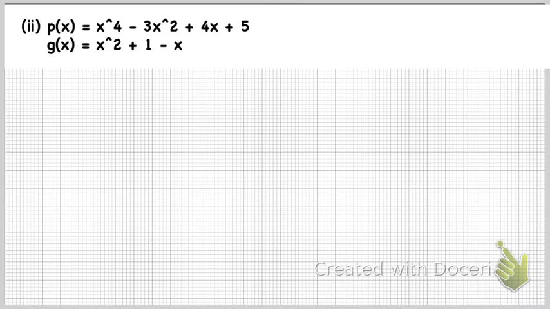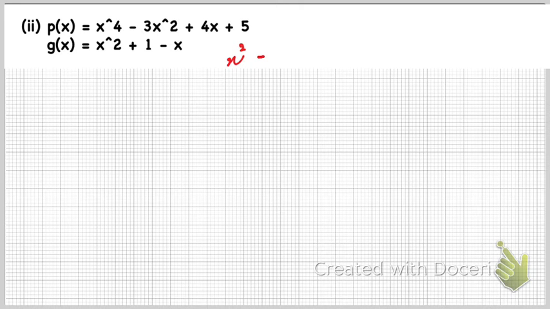So the next question is px is equal to x to the power 4 minus 3x square plus 4x plus 5. Okay, so I will write it in the division format. gx is x square minus x plus 1.